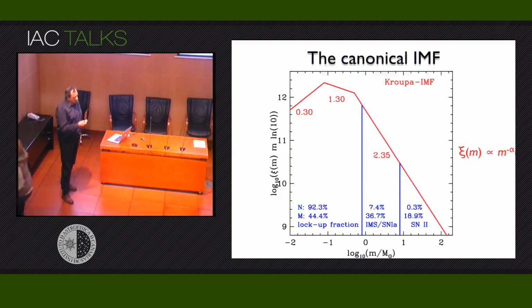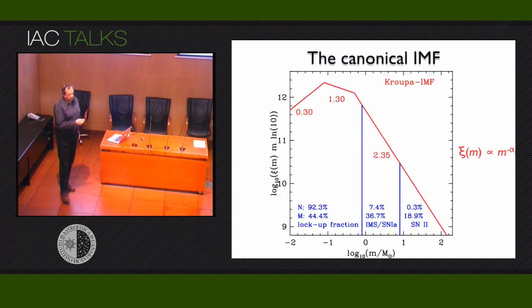Above this, for this mass function, we only have 0.3% in number of stars, but nearly 20% in mass. All these stars end up as type II supernovae and release most of their mass back into the interstellar medium, enriching it with alpha elements and oxygen, and so they feed further generations of stars.